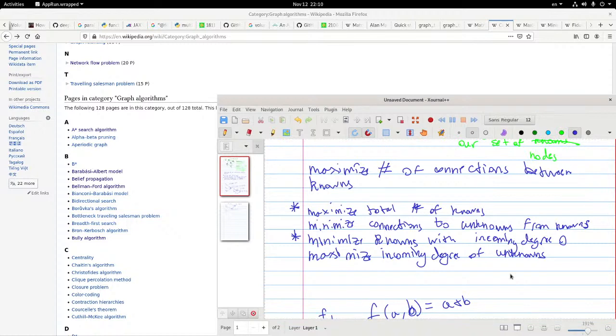So yeah, I want to maximize the incoming degree of the unknowns. I mean, obviously, with the incoming degree within the set. So I want to maximize the amount of things that go in, and I want to minimize the incoming degree of unknowns from outside.